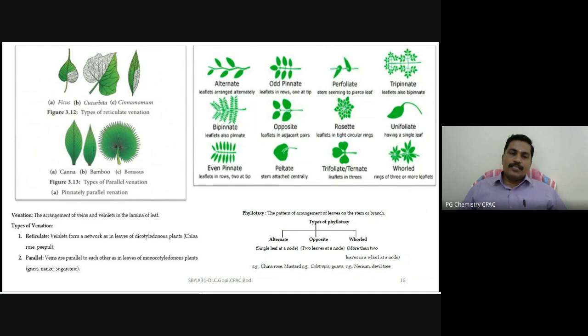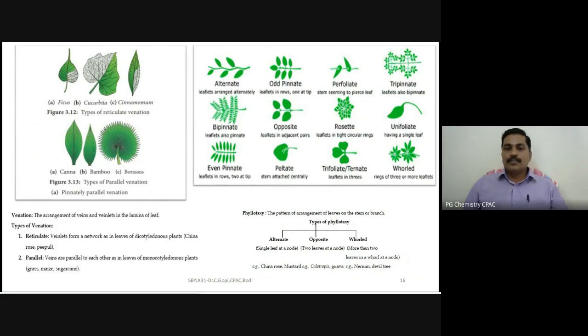When you take a dicot leaf and observe it under the sun, you find many interlinked veins. That is called reticulate venation. When you observe the veins of monocotyledon plants, you find parallel venation. That is the basic difference between monocot and dicot. Reticulate venation is found in dicotyledon plants and parallel venation in monocotyledon plants.